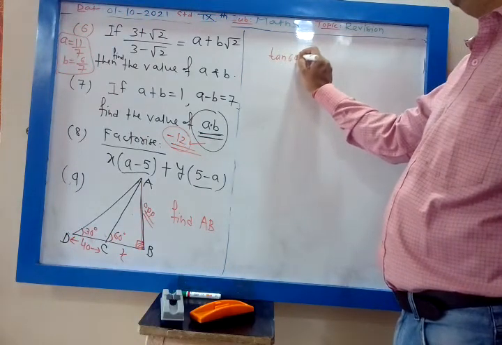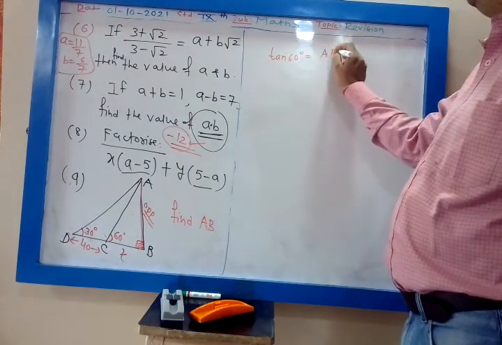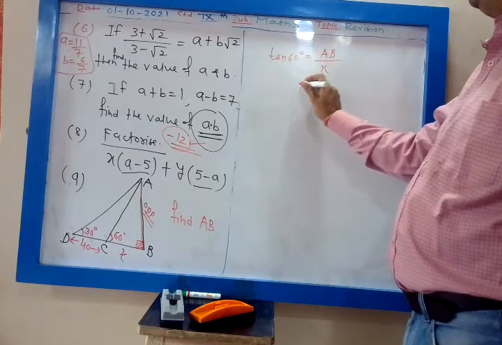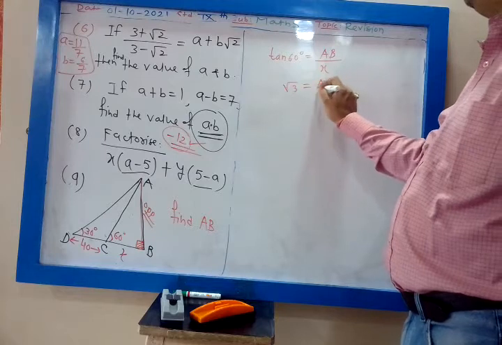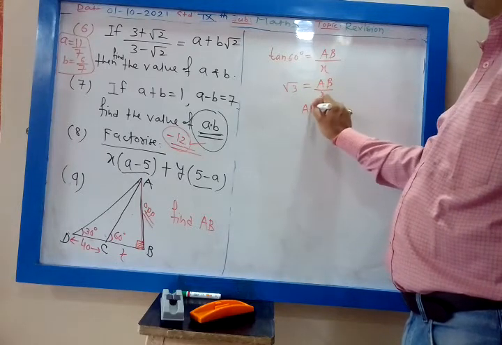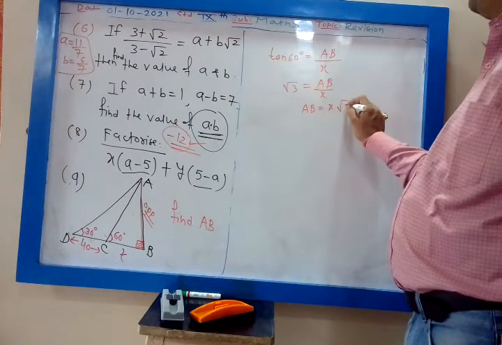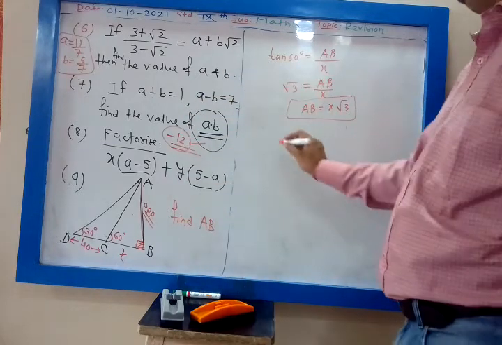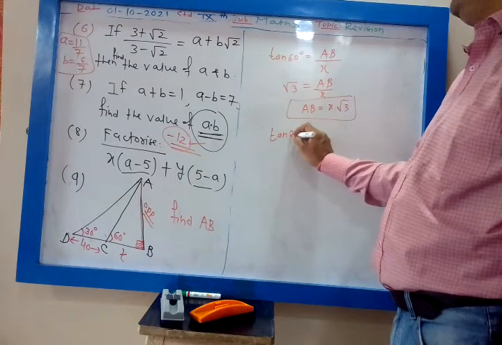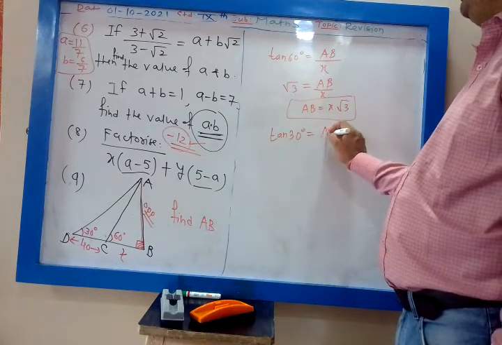Tan 60 is equal to opposite AB upon adjacent X. Tan 60 is root 3. Root 3 is equal to AB upon X. So AB is X root 3. Then you find AB for the bigger triangle. You will write tan 30 degree is equal to AB upon adjacent.